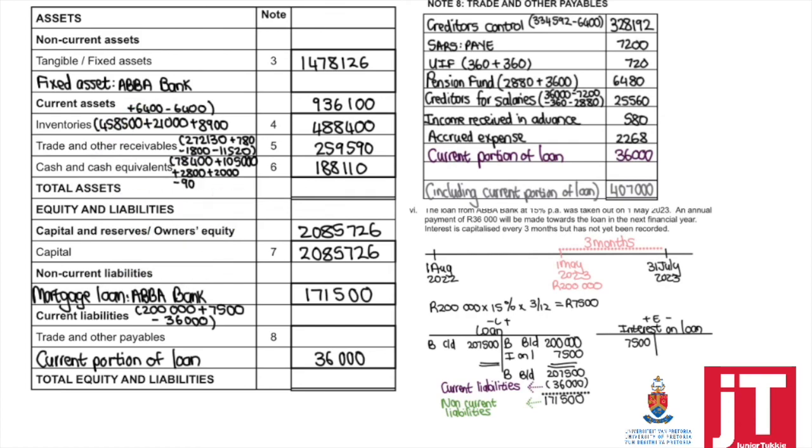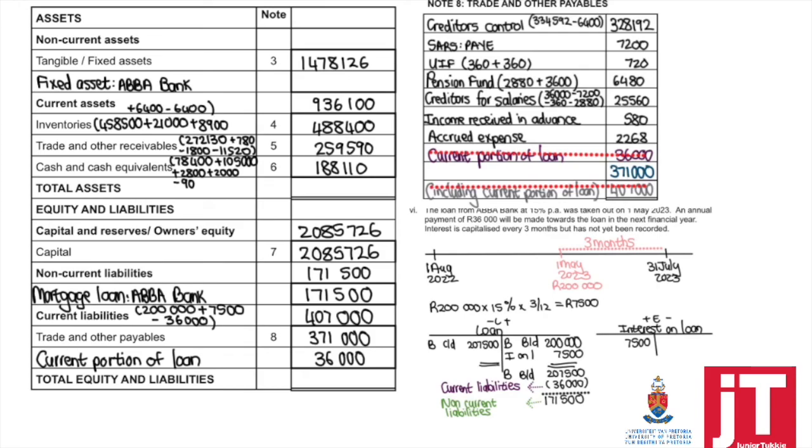Now we can calculate our total non-current liabilities, which is the same figure as in here, which means that my trade and other payables, if we total that, is 371,000. And if I take 371,000 plus 36,000, it equals 407,000, which was the same as before if you would have shown the current portion of loan as part of trade and other payables.